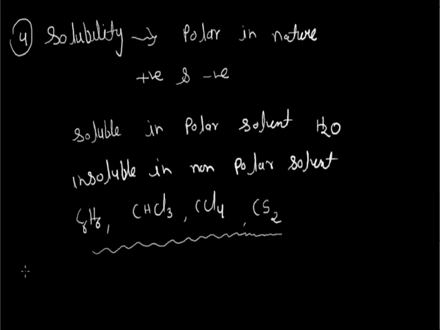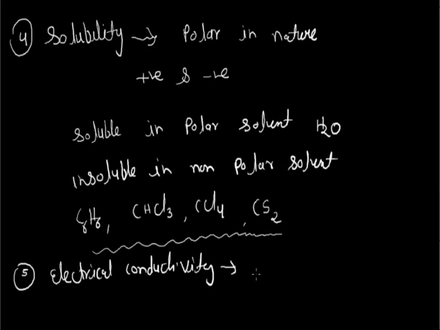And the next, fifth important property is electrical conductivity. As you know, conductivity of electricity is due to the presence of ions or the presence of free electrons. In metals, the conductivity is due to the presence of free electrons.